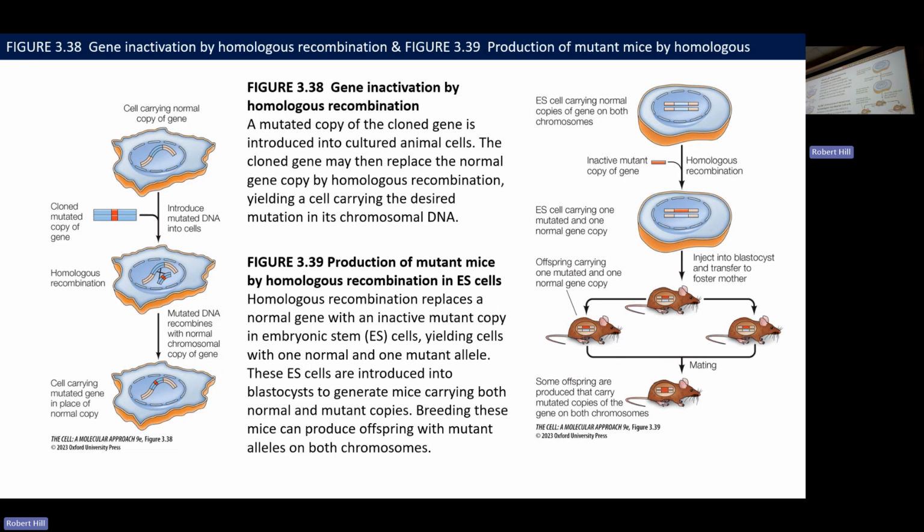It's very arduous to do it this way, but it's highly effective. It completely replaces or knocks out the gene you're working with. It's not like siRNA, which is very transient in a cell system and only silences something 90%. This knocks out the gene completely.